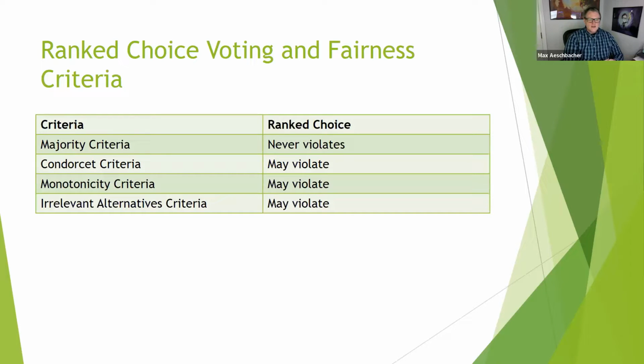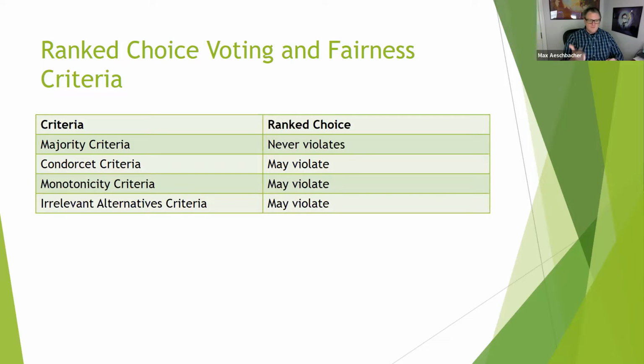Okay, so we've got ranked choice, and remember here, we use the convention that ranked choice, as we refer to it here, means instant runoff. It will never violate the majority criterion, because the first thing you do is check for a majority candidate. And if you have one, that candidate wins.